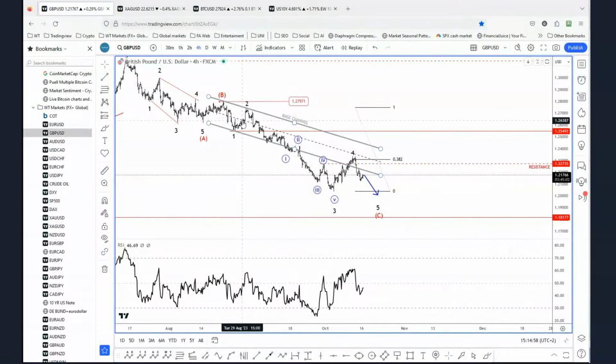I mean, because notice that last week, if you recall, we were looking for this very nice correction here, okay, that stopped at the previous channel resistance lines. It was the base channel, and as I said last time, normally that's the perfect area whenever you're tracking the wave 4 rally.